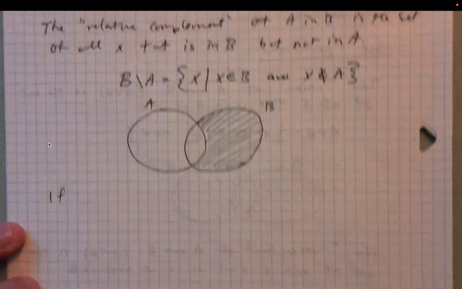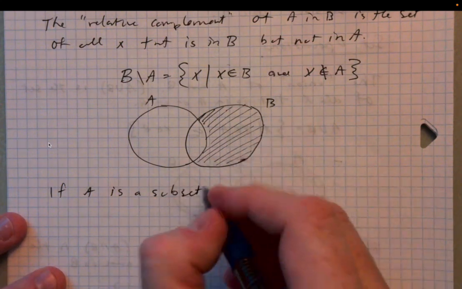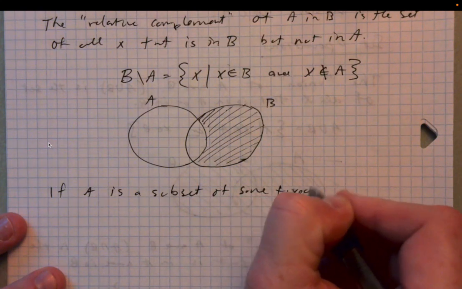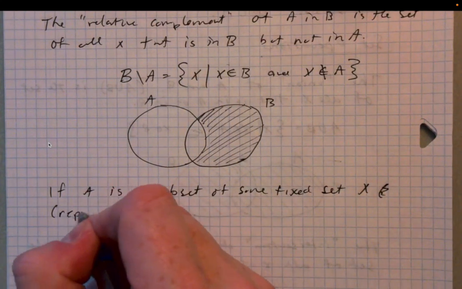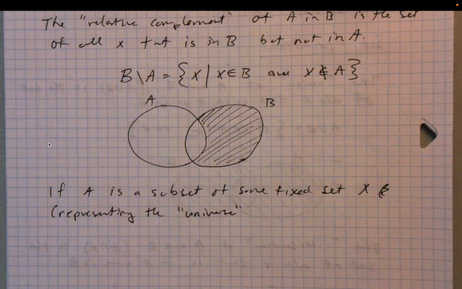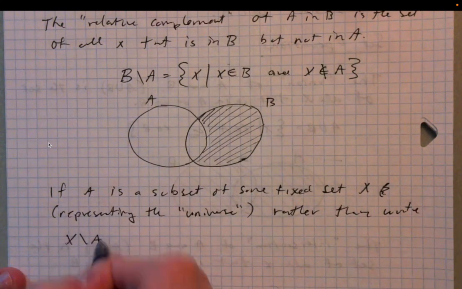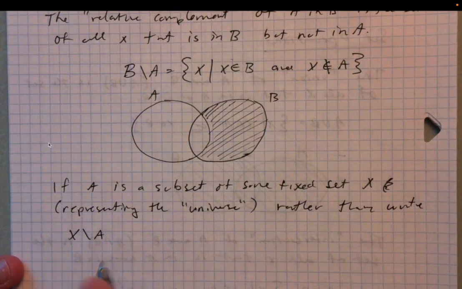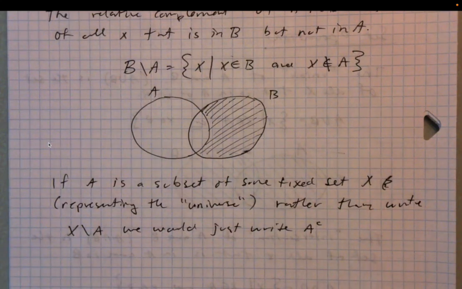If A is a subset of some fixed set X, representing the universe, i.e. all of the elements under consideration, then rather than write X minus A, we would just write A complement, slightly more abbreviated.